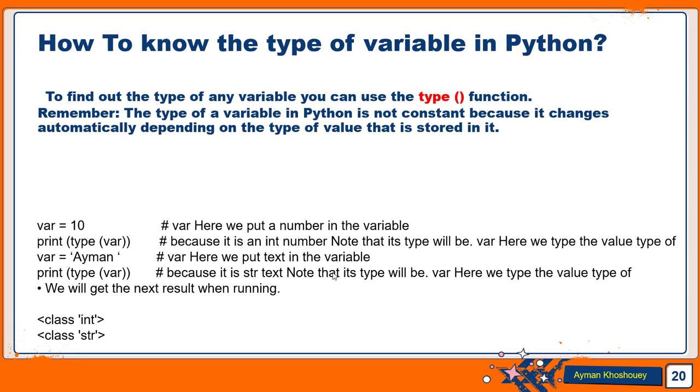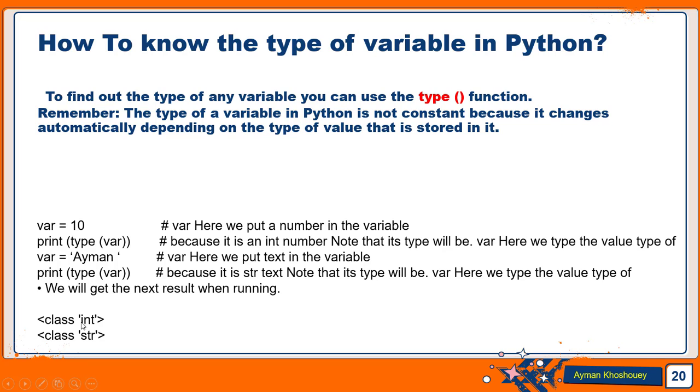How to know the type of a variable in Python? You must use the function or method type in Python. As you see here, var equal 10, print type, this is the method, and the brackets, and put the variable here. Another var equal a string, print the type of this string.